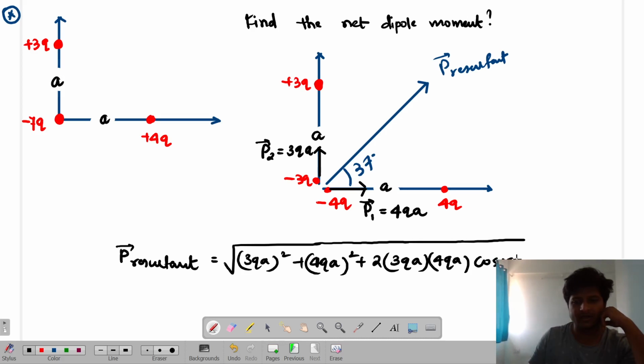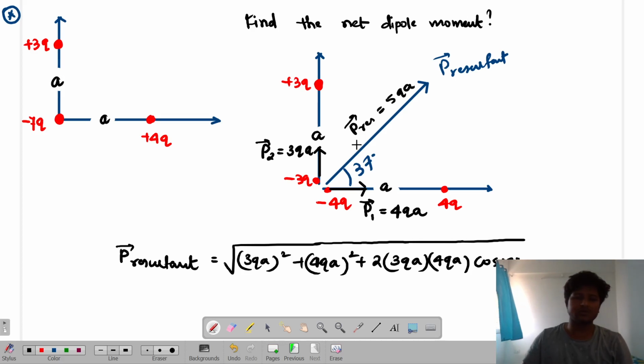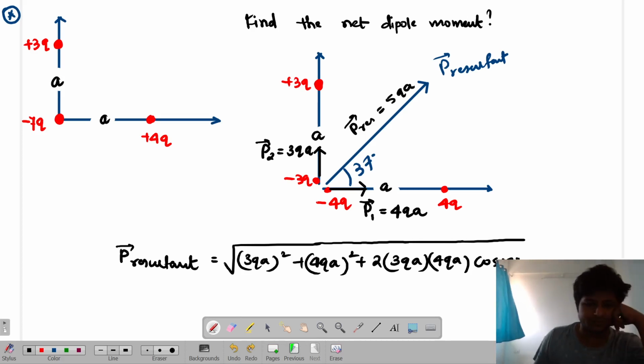So can you just solve it? Is that clear? Basically people write qa as p and then they solve it. So if I write qa as p, then this is 3 and this is 4 or not. So the resultant will be simple 5qa. Got it or not? In simple terms, you can use that trick or this method. Is that clear? Okay, can we move to the next question?